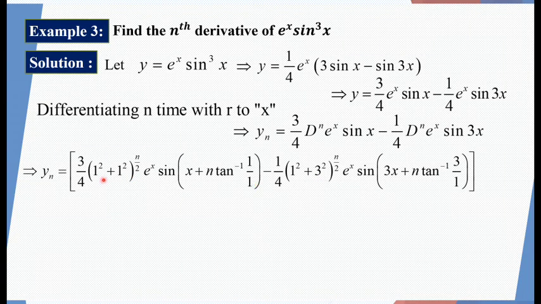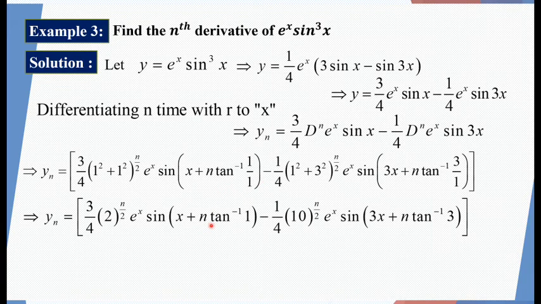So 1 squared is 1, 1 squared is 1, so 1 plus 1 is 2. So it is 2 raised to power n by 2, and tan inverse 1. And 3 squared is 9 plus 1 is 10. So 10 raised to power n by 2, and sine(3x plus n tan inverse 3).